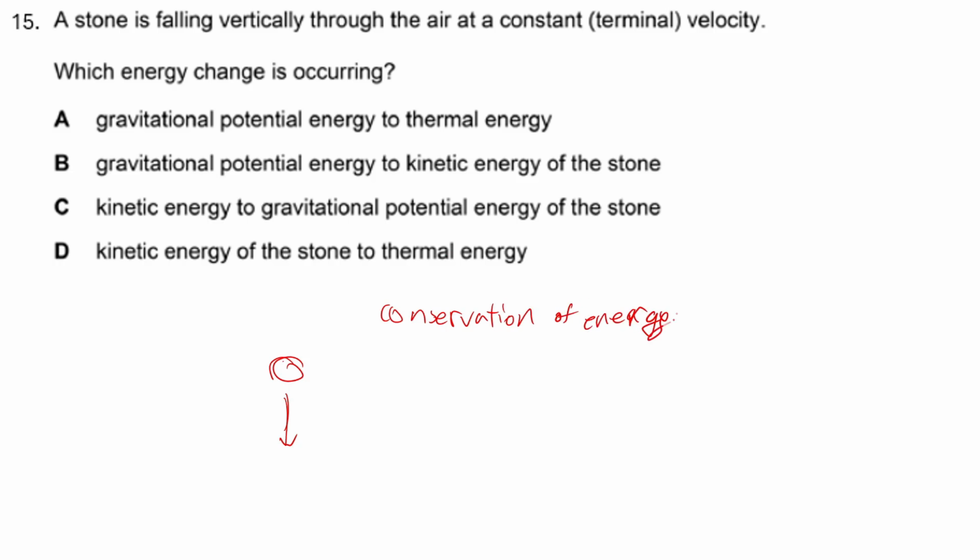If you don't know what this is, you should try and restudy this definition. Sorry for the bad handwriting. But in this case, if you quickly scan the answers, this is the only one that goes from potential energy to kinetic energy.